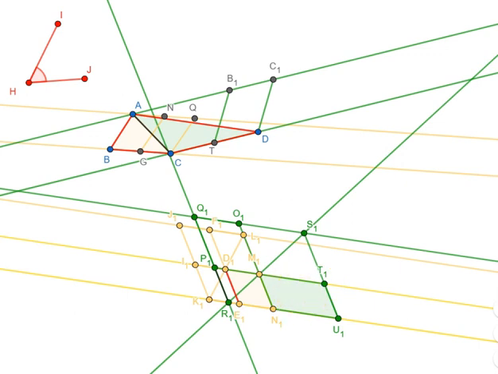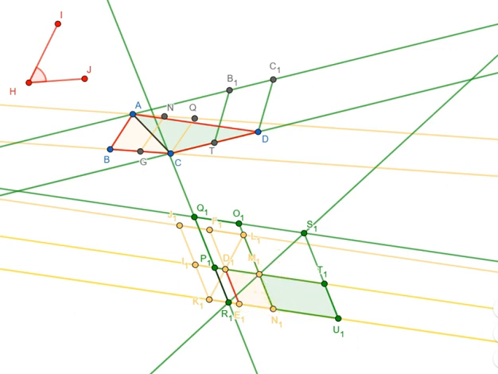So this parallelogram is equal to this parallelogram. This parallelogram is equal to this parallelogram. This is equal to ABC. This is equal to ACD. That means ABC plus ACD is equal to this parallelogram plus this parallelogram.